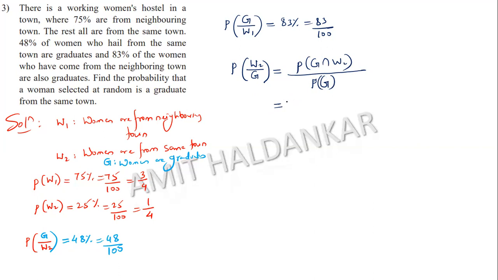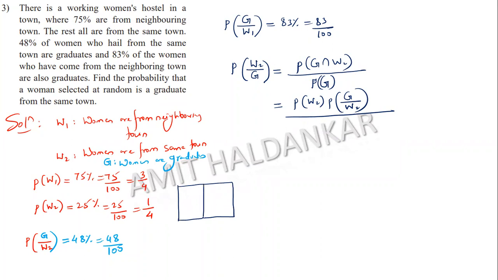Now, if I look at it, it is probability of W2 into probability of G by W2, divided by P of G. P of G can be calculated by the total probability, so if I try to draw this diagram, some are from the neighboring town, some are from the same town, and the graduates they are talking about.